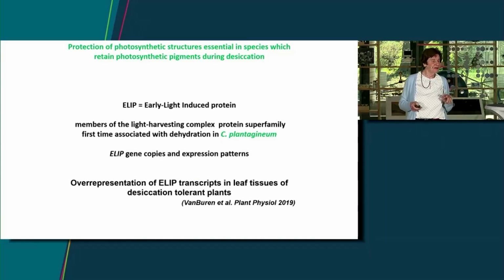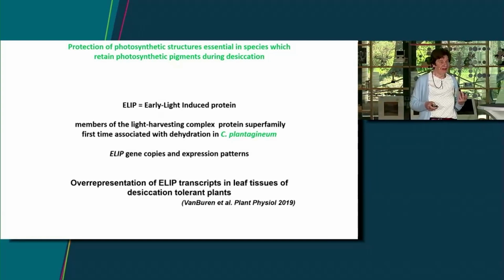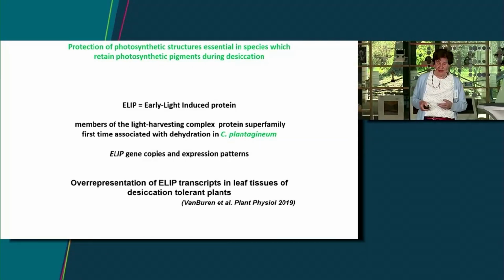And this group of proteins are the so-called ELIP proteins. ELIP were actually discovered when somebody studied the germination of barley. And ELIP stands for early light-inducible proteins. So as soon as there shines some light, these proteins appear. And again, that is also a process which needs some protection from the full sunlight when you think of the germinating seedling.